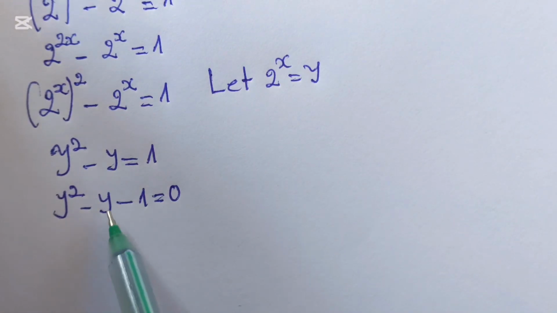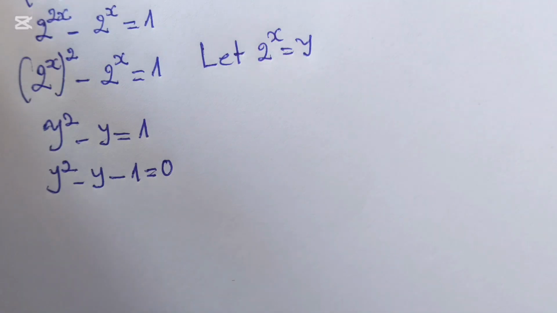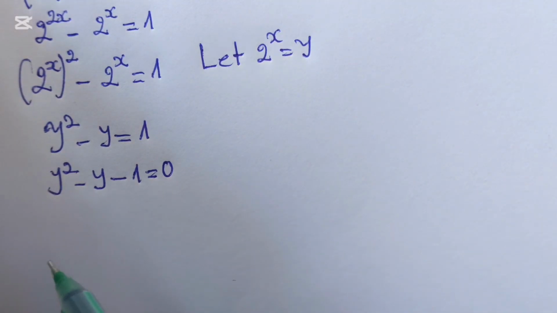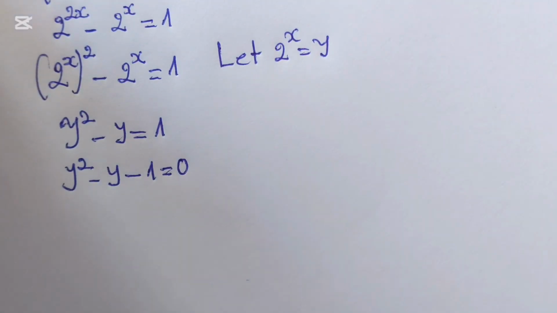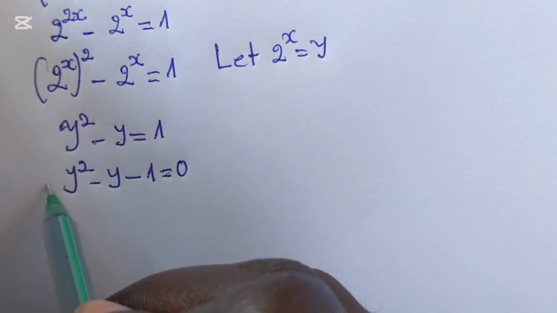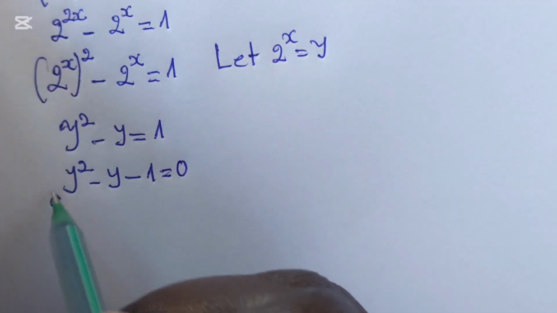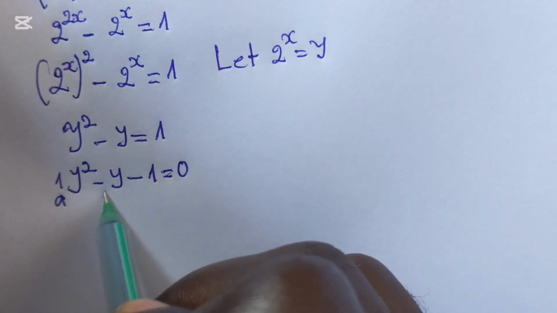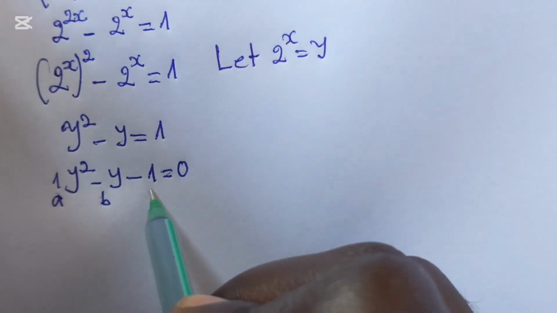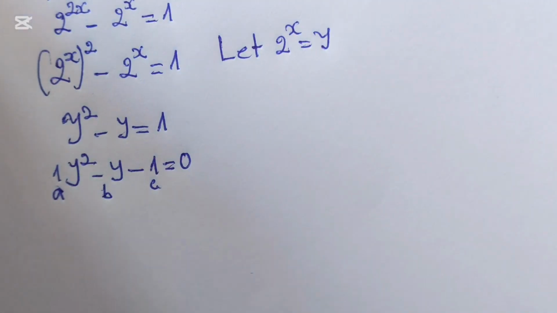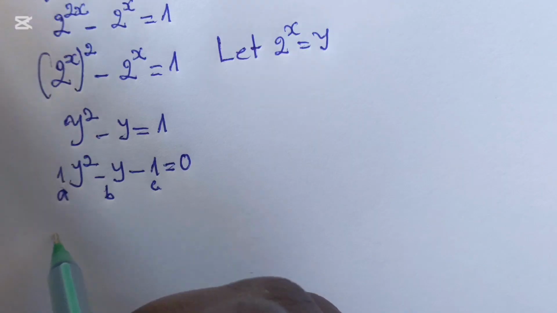If you don't know these numbers, because this is a quadratic equation, we can apply the formula method, where we have a which is equal to 1, b which is equal to -1, and c to find the x.